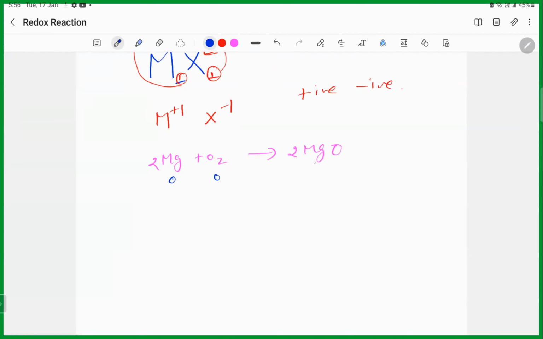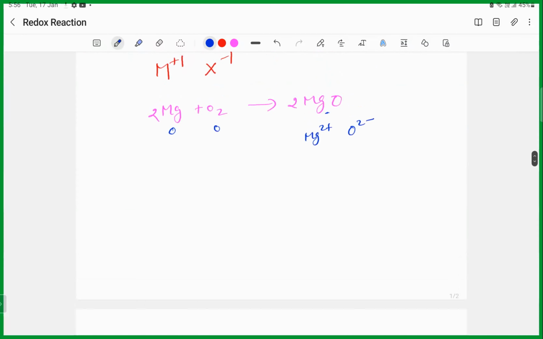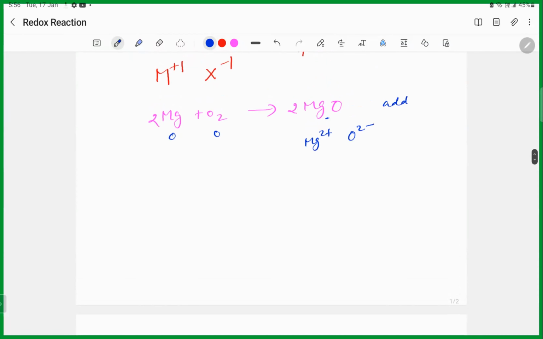Whereas here, magnesium becomes Mg2+ and oxygen becomes O2-. That's why it is taken as MgO. This is known as addition of oxygen. Look here, Mg0 becomes Mg2+, the oxidation state increased. That's why it is oxidation.